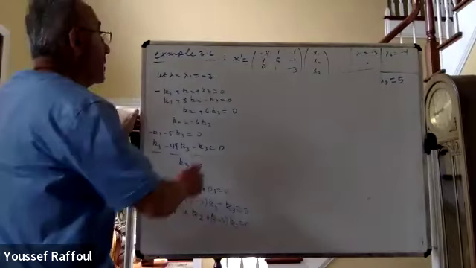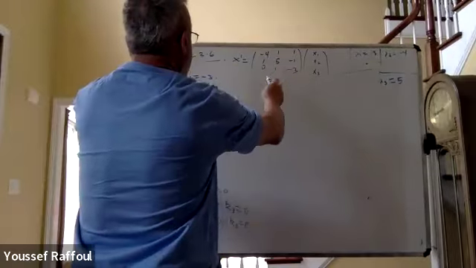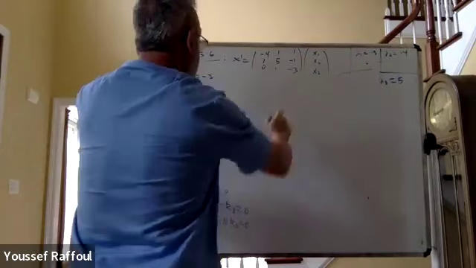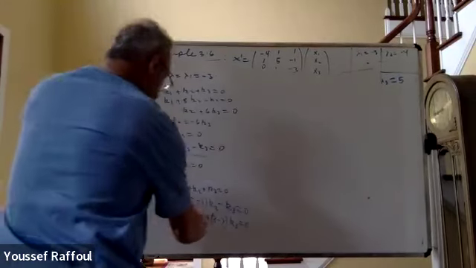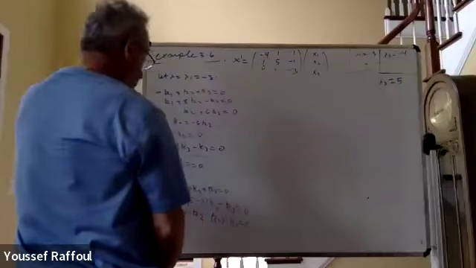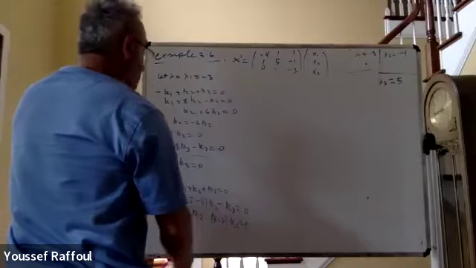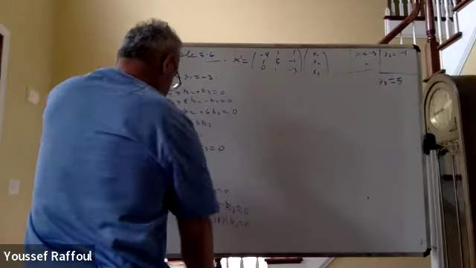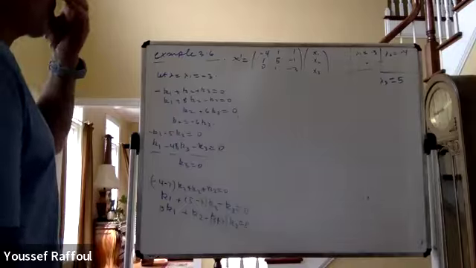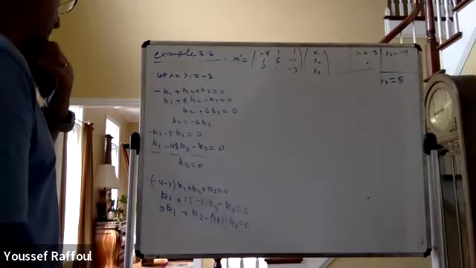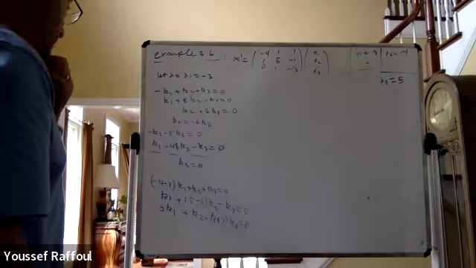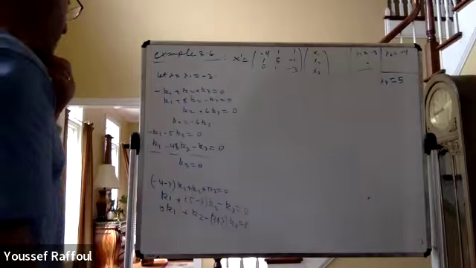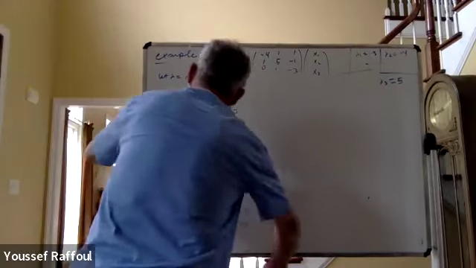So this one is 0 K1 plus K2 minus 3K3. So I'm going to have, okay, so it will be minus 3 minus lambda. Okay. All right, so that makes more sense now. Sorry about that.